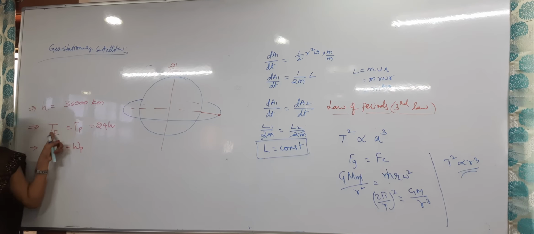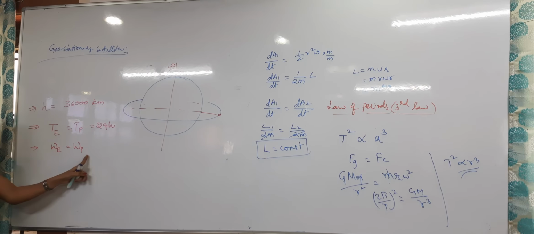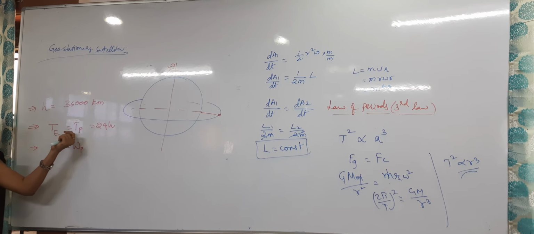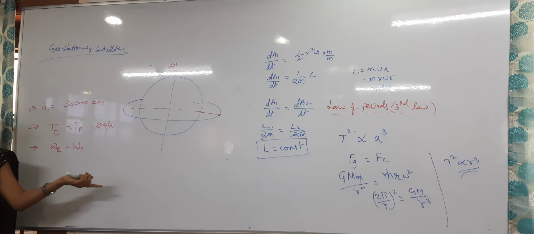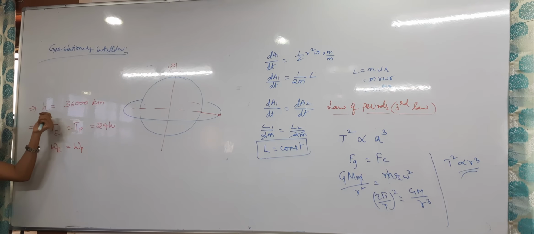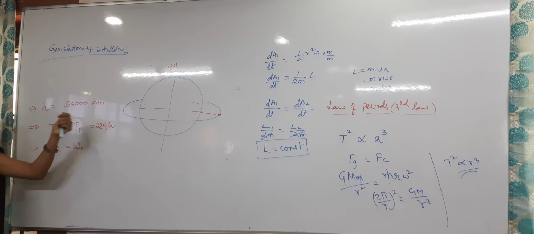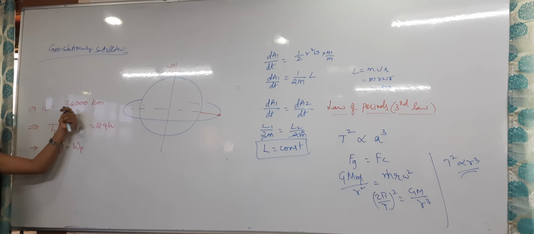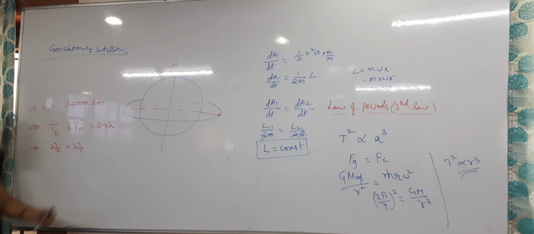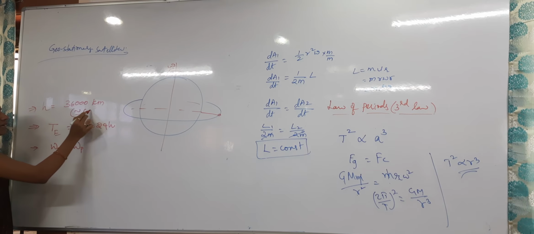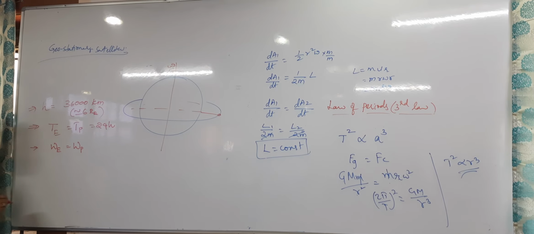Then only the time is the same. If the angular velocity is the same, then only the time will be the same, right? Why? Because the omega formula is 2 pi by T. So the main thing is the distance of the geostationary satellite from the earth's surface is almost 36,000 kilometers. That is approximately 6 times the radius of the earth.